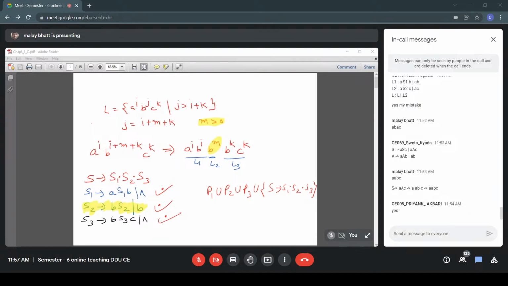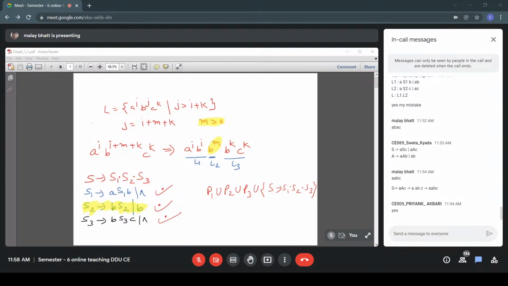Now we want to generate B raised to M independently. It is not depending on any other criteria. So to generate it independently, we write S2 gives B S2 or B. We are recursively generating only B, because we can generate any number of times B from this.